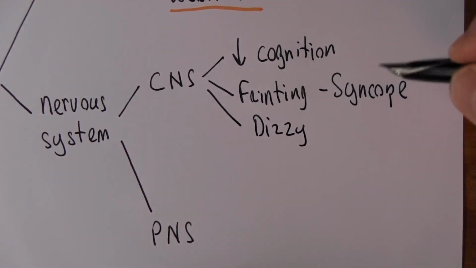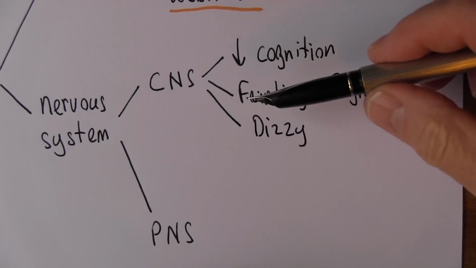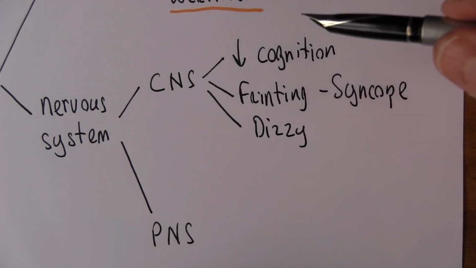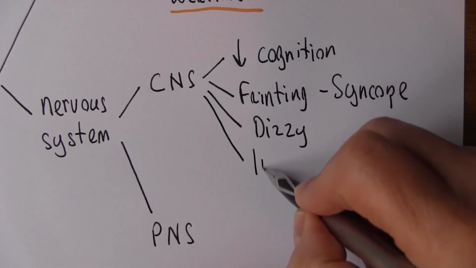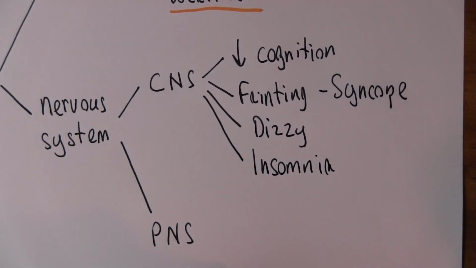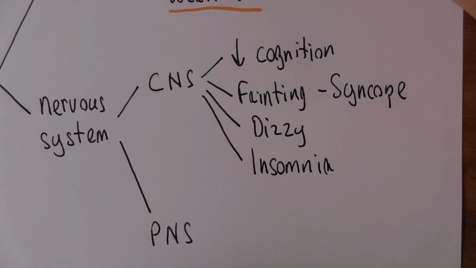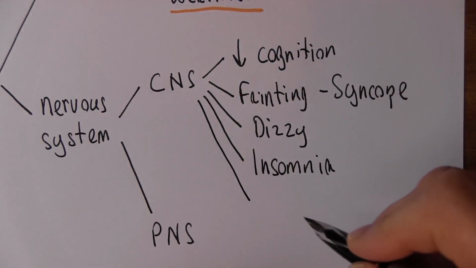The person can feel dizzy because there's not enough oxygen getting to the brain to generate normal brain activity. Another one is insomnia. People have difficulty sleeping if they're anaemic. And of course, there can be a headache.